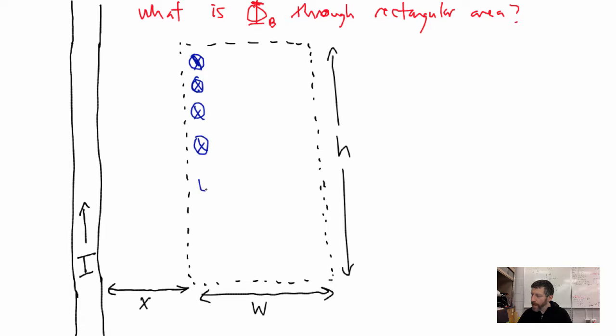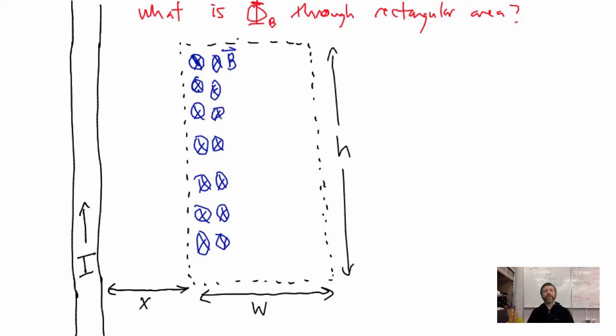I'm showing that by having these magnetic field indicators very close to each other. But farther from the wire, the field is weaker, as shown by this.